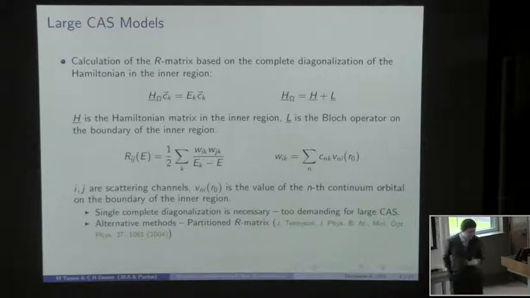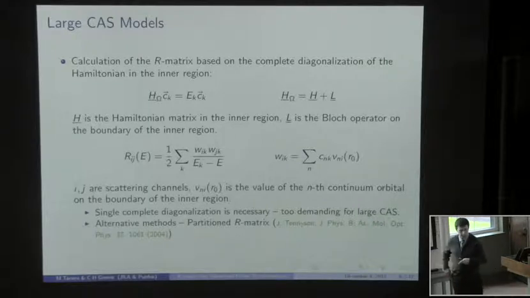As the UK R matrix code is set up now, it works in the following way: first the inner region Hamiltonian, that is the sum of the Hamiltonian matrix and the Bloch operator, is completely diagonalized, and then the R matrix can be calculated using this rather simple formula.